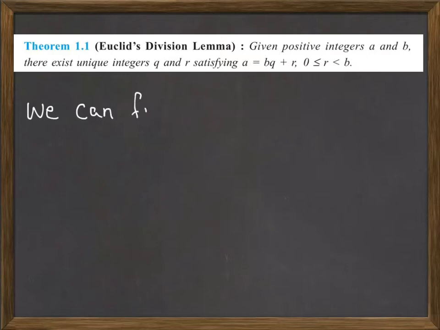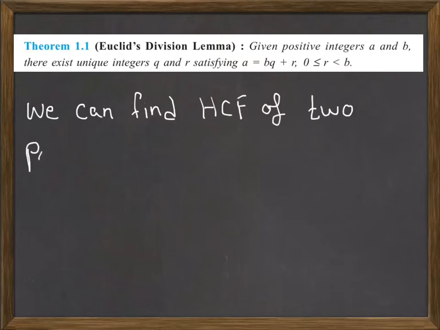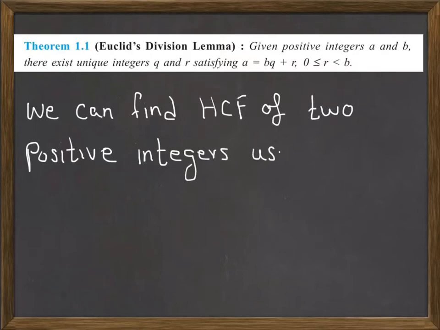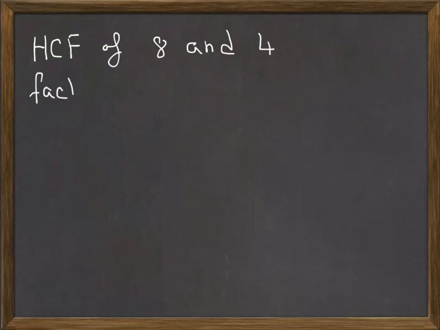We can find the highest common factor of two positive integers using Euclid's division lemma. We will see how to find this out. What have we learnt about finding highest common factors? Let's find the highest common factor of 8 and 4.